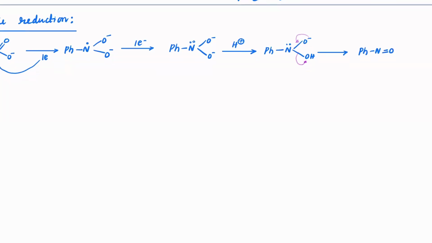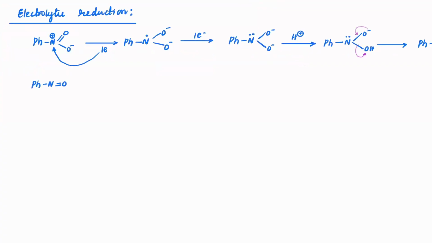Now, from nitro we got up to nitroso. This is called nitrosobenzene. From nitrosobenzene, again imagine I push two electrons. We get N with a lone pair and a negative charge on it, and O minus will be present. Now pushing two H plus, that converts into PhNH and OH.